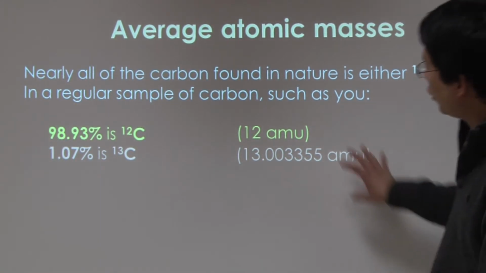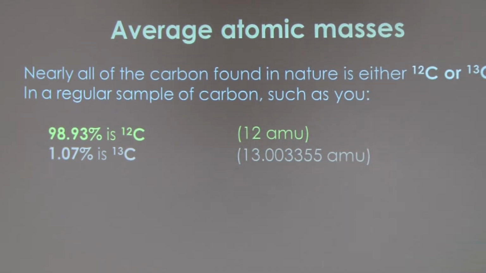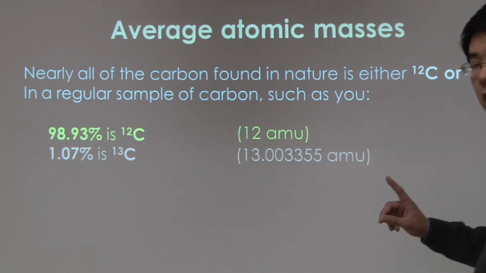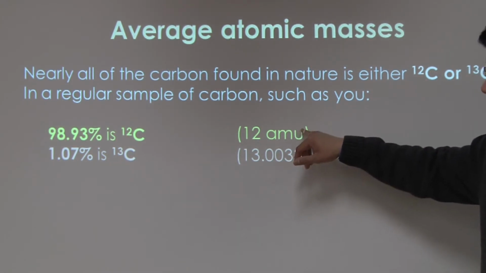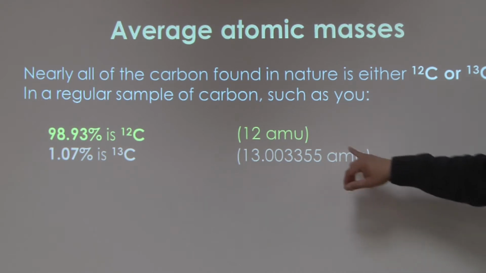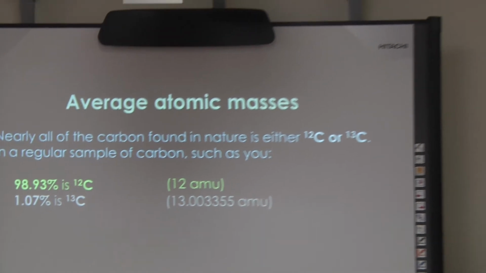So when you look on the periodic table, you'll notice that there's an atomic number next to carbon, which is 6, and there's an atomic mass or an atomic weight, which is not 12, not 13.003355, but is actually 12.011, right, for the atomic mass of carbon.